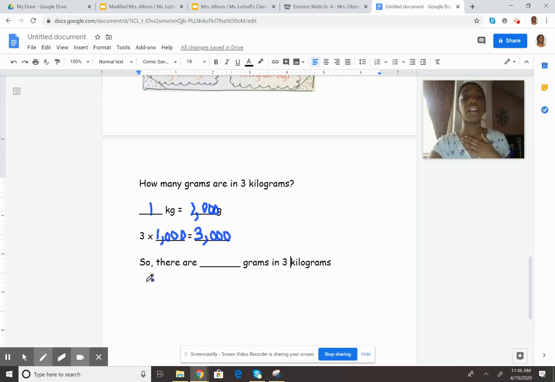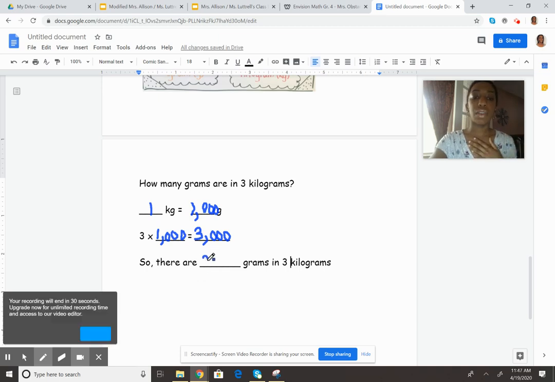And so therefore, there are 3,000 grams in 3 kilograms.